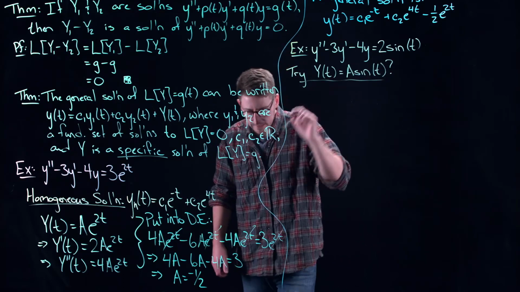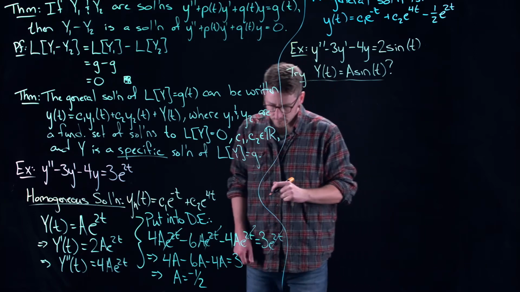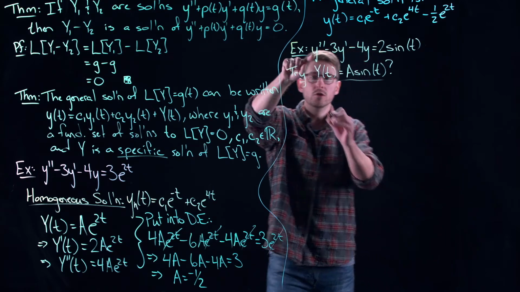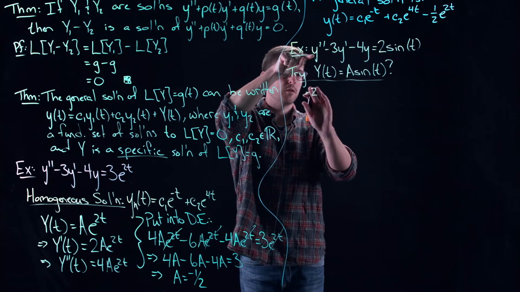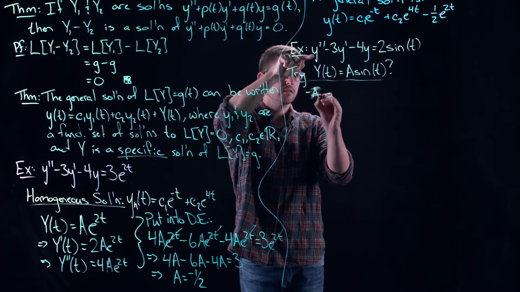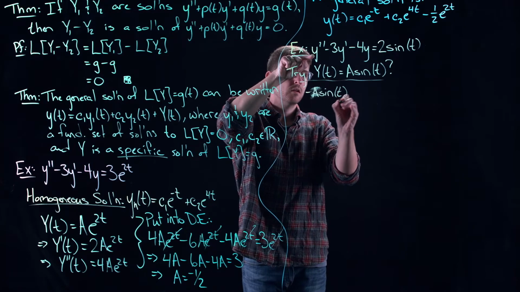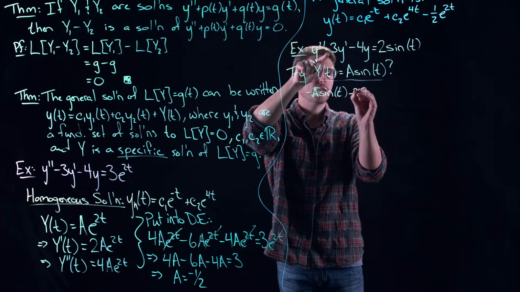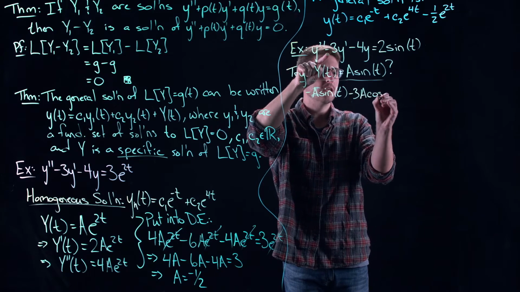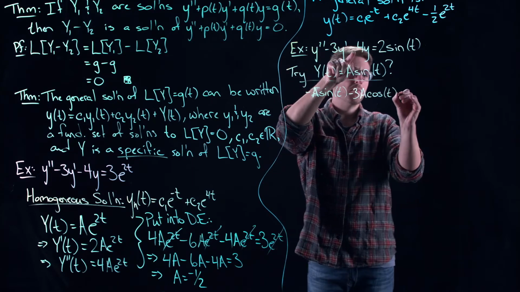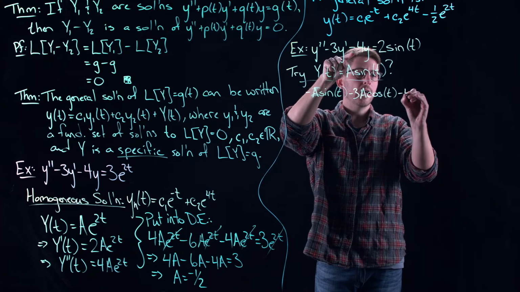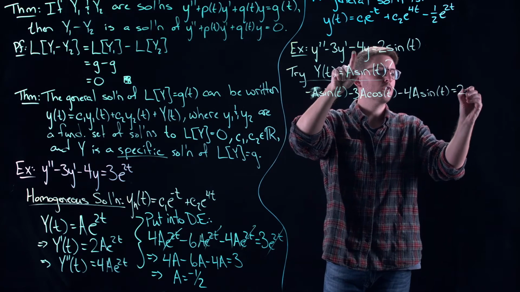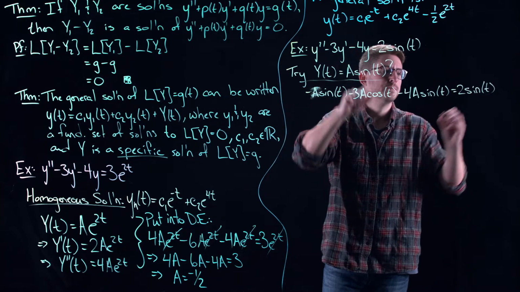Well, if I take 2 derivatives of that thing, then I get minus a sine of t, and then minus 3 times the derivative, so minus 3a cos of t, and then minus 4a sine of t, and that thing is equal to 2 sine of t.